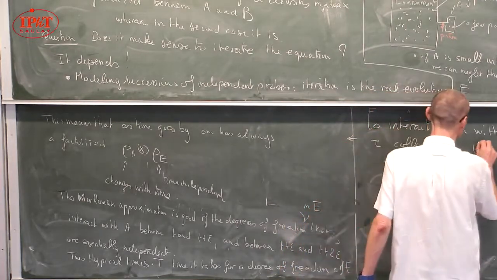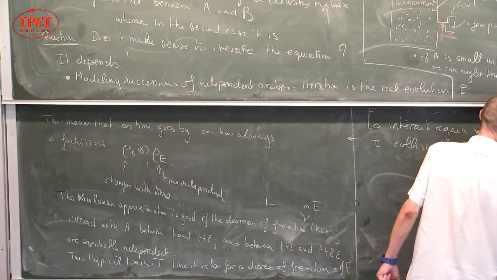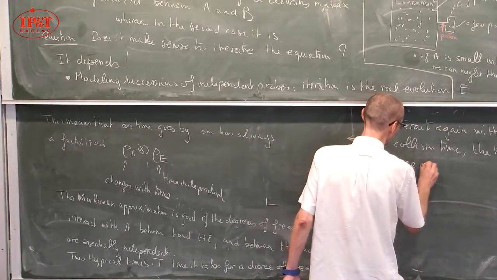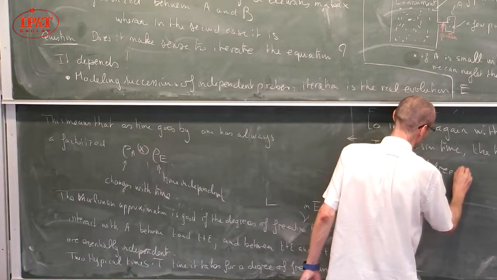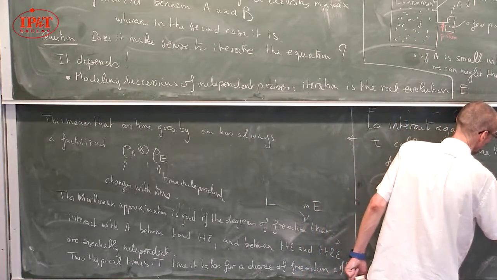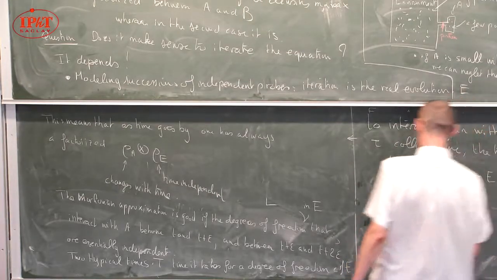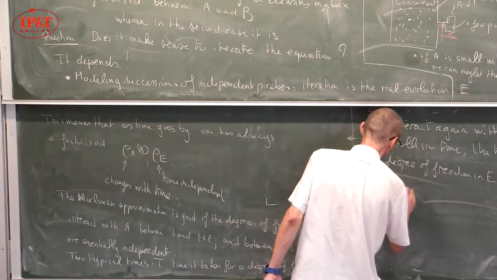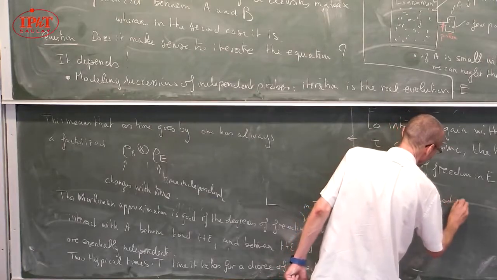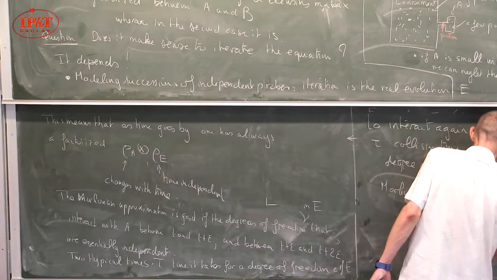The time it takes for a degree of freedom to lose memory somehow. And you see that Markovian is good if T is much, much larger than tau.